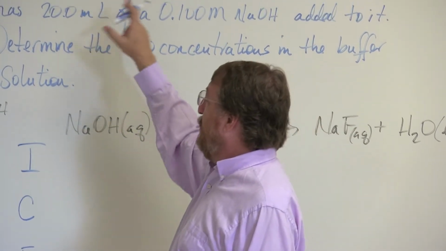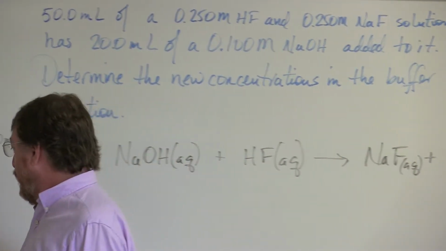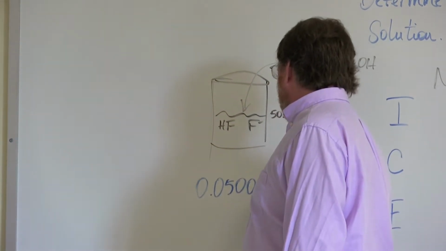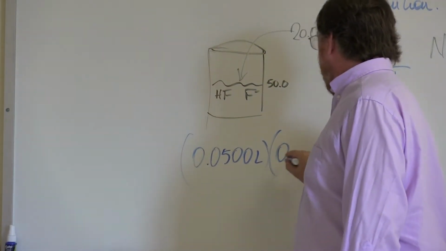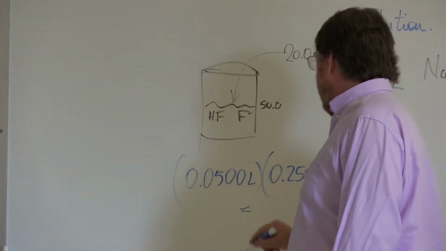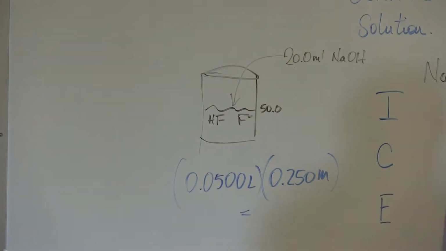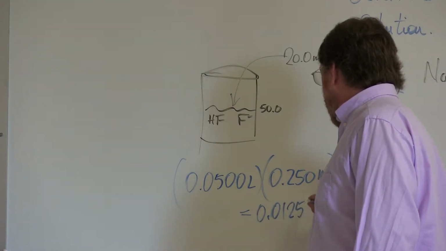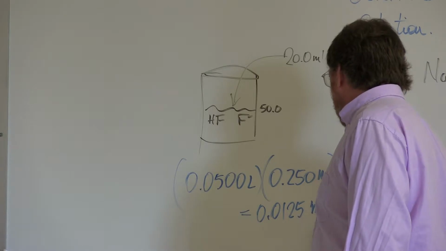That's going to be 50 milliliters times 0.25. So 0.05 liters times 0.25 molar is going to give me 0.0125. And that's the number of moles.